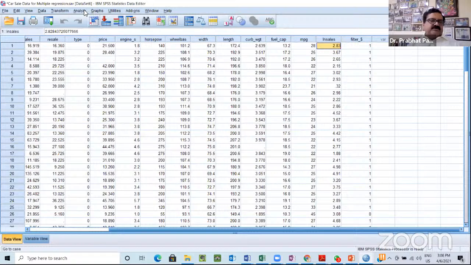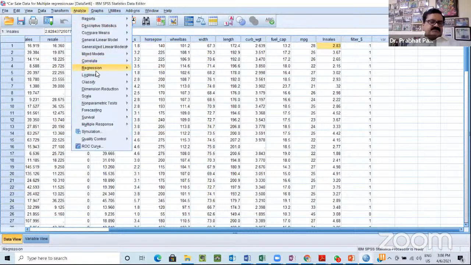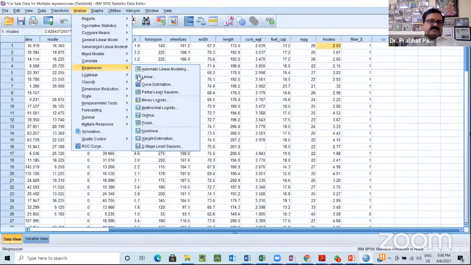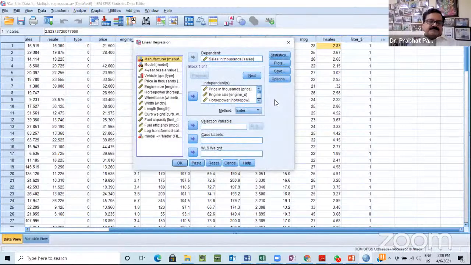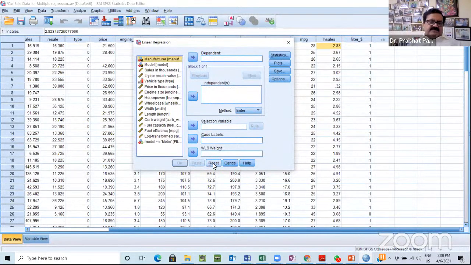So now I'm going to regression, going to linear. And now I'm going to stepwise regression, right? So let me reset the whole thing first. Sales, so I'm taking the original sales data, not the log sales.